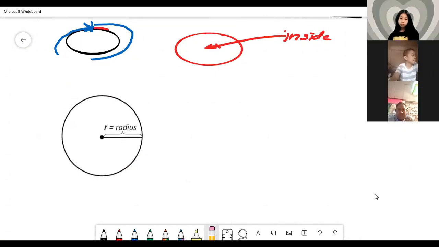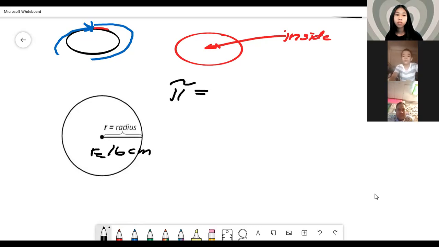Okay, before I give work. Okay, here, the radius, example number 1. The radius is equal to 16 centimeters. Now, the question, example number 1: find the circumference of a circle. Take pi is equal to 22 over 7.